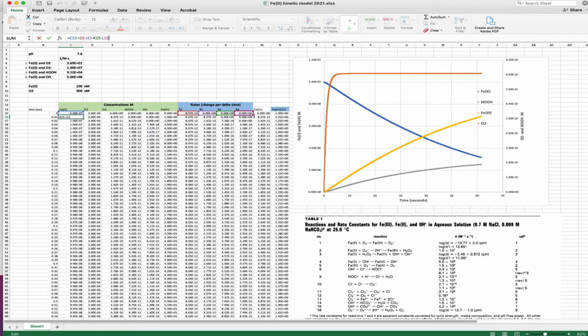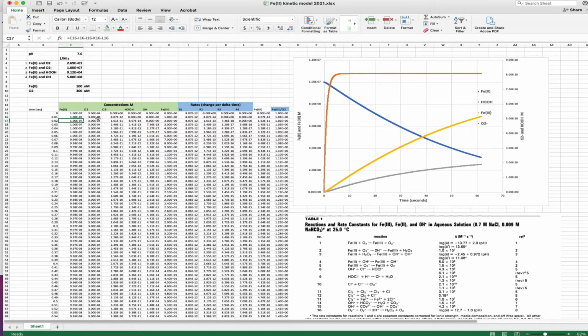So the column C is my iron concentration. And since these rates are the disappearance of iron, I subtract all 4 of them off of that cell. Now, that's pretty simple in the first step. It's just simply R1 because R2, R3, R4 are all 0 in the first row.